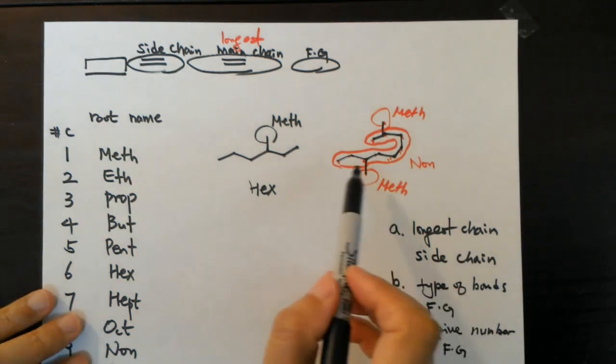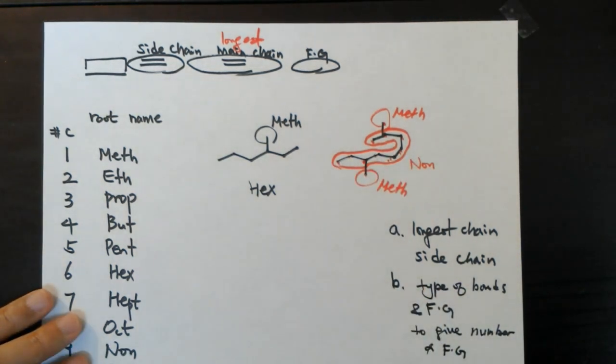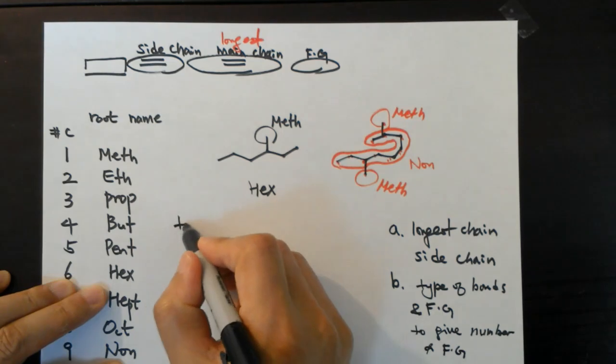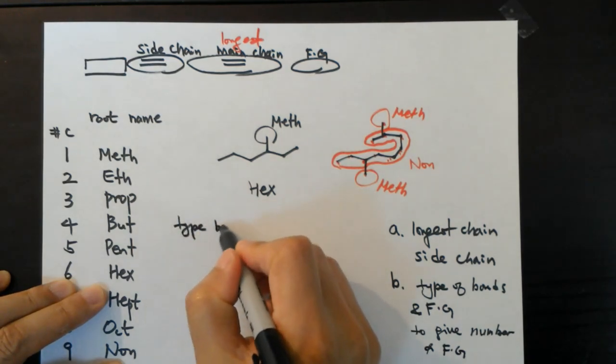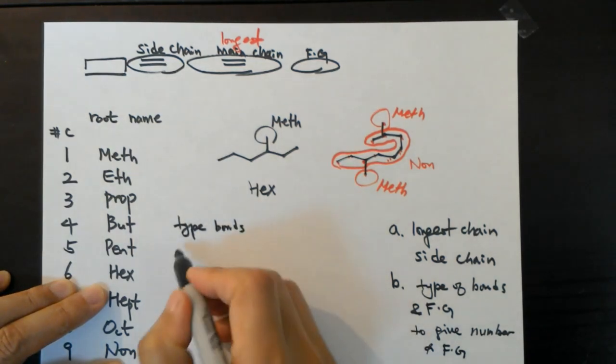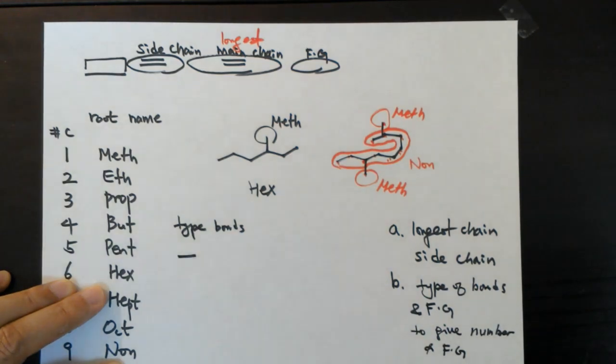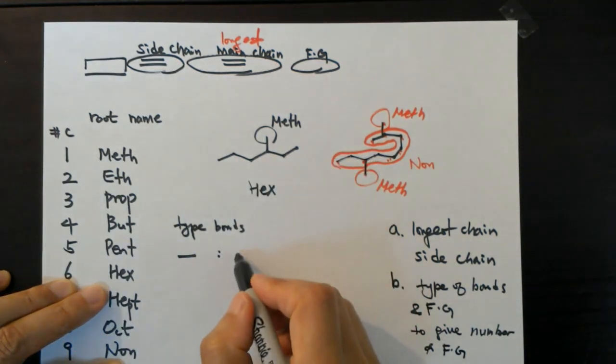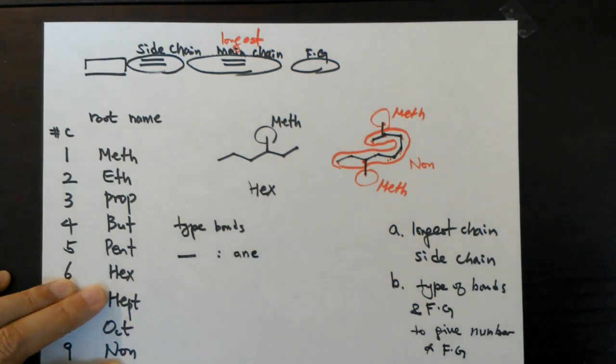So if you look at this molecule, for example, you have only a single bond. When there is only a single bond, you give the functional group name A-N-E.